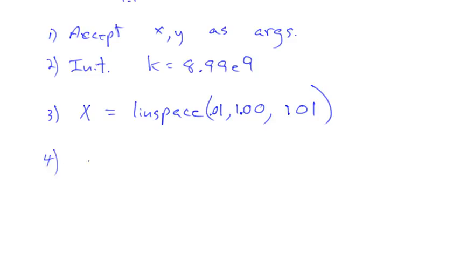Then I'll make Q an array of 100 values as well, and I'll say Q is equal to 1.01 times 10 to the minus 6, minus 1 times 10 to the minus 6, times x.